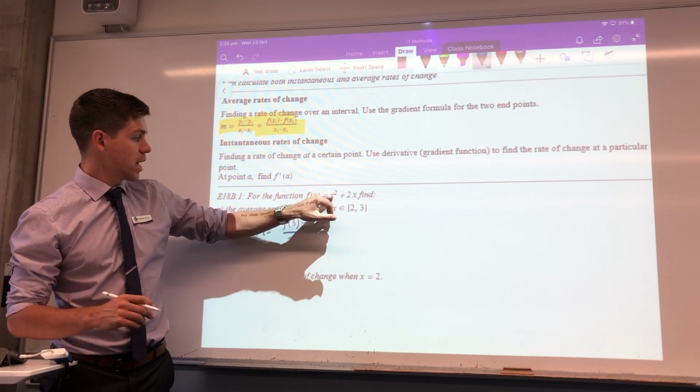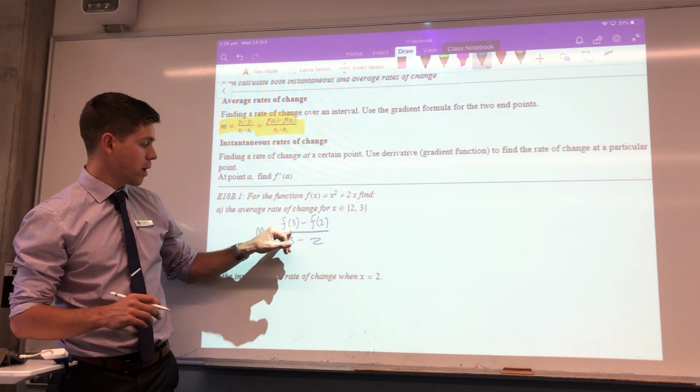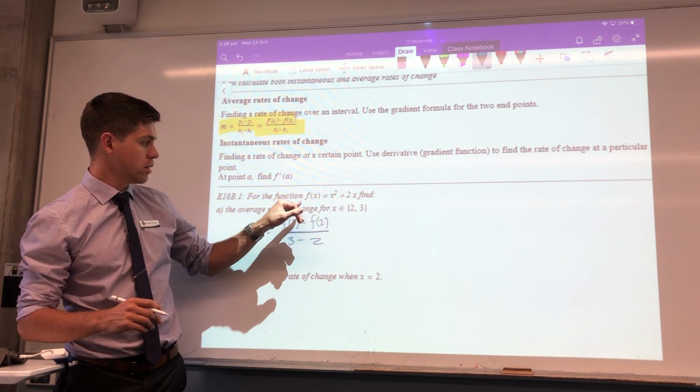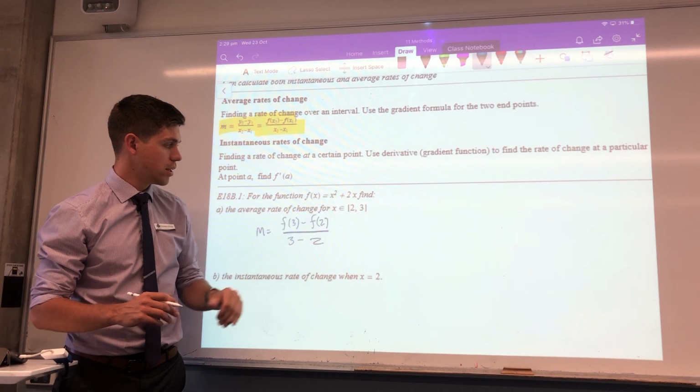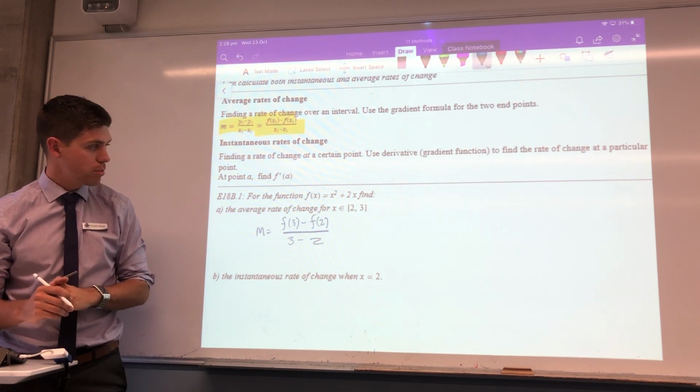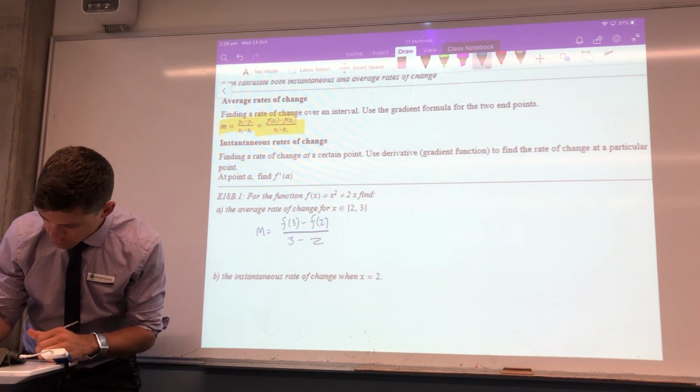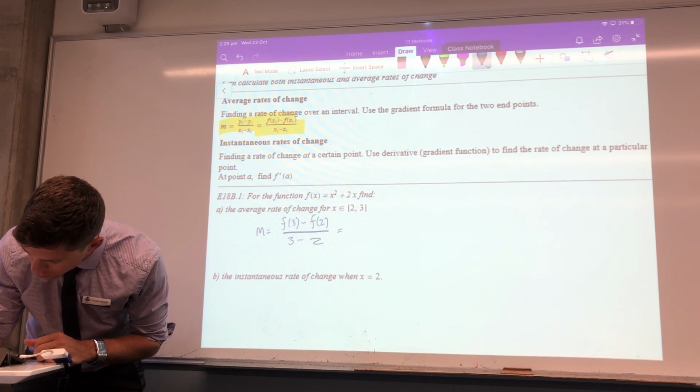Well, the function is x squared plus 2x, so let's evaluate x equals 3 into this formula. So 3 squared plus 2 times 3.